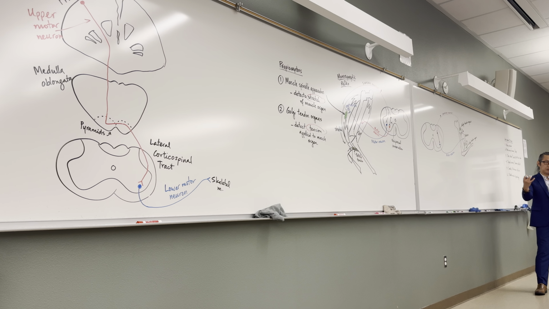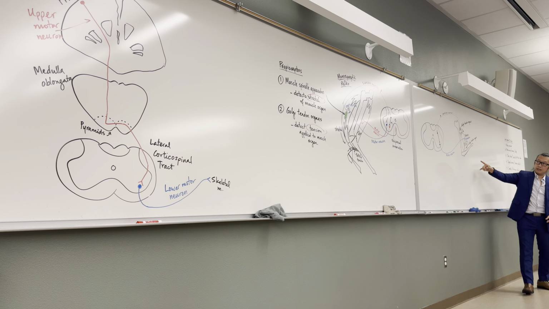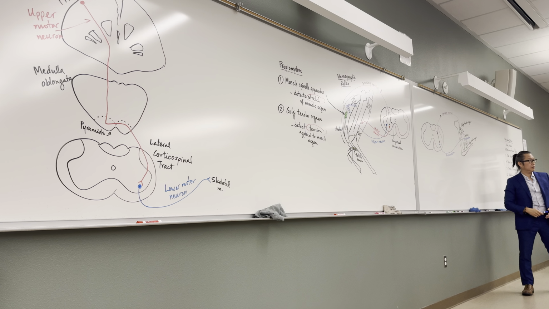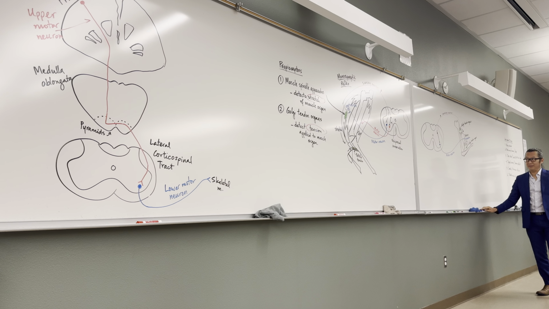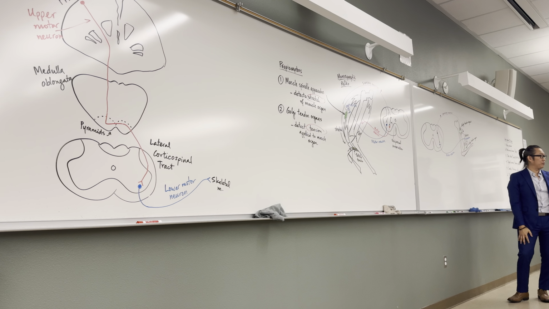Imagine you're holding something really heavy and you think, oh, this is getting too much, and you just kind of relax. That's a reflexive response. Now, can you have a reciprocal innervation for this particular reaction? Absolutely. If you need to move this joint, you better have a reciprocal innervation. If you don't, that joint's not going to move.